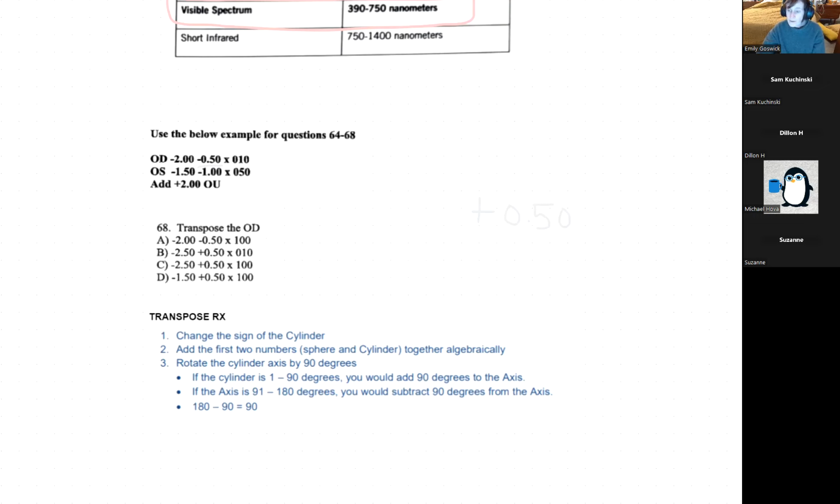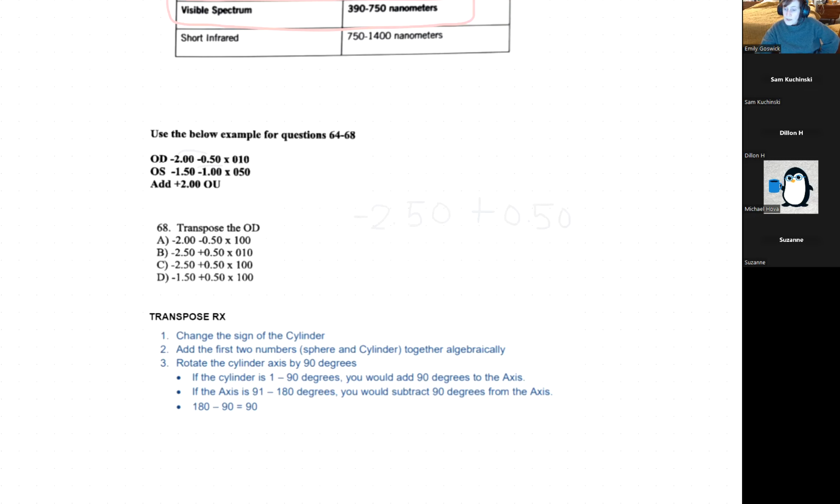So in this case we're going to put together the sphere and the cylinder. These two become a minus 250, a minus 250 plus 50. And then what do we have to do?